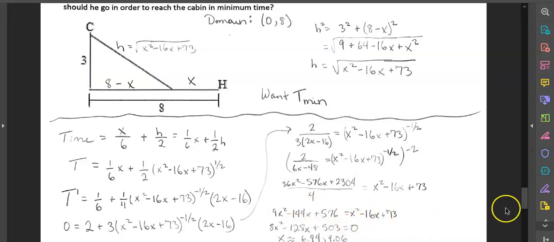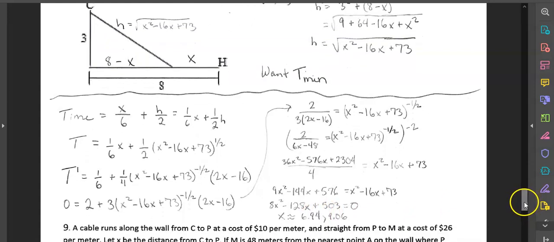Again, you're going to have to use the quadratic formula here to get these two solutions. Once you get both solutions, you have to remember your domain is from 0 to 8. So the 9.06 doesn't work. The 6.94 is going to be our solution that maximizes the time in our problem.